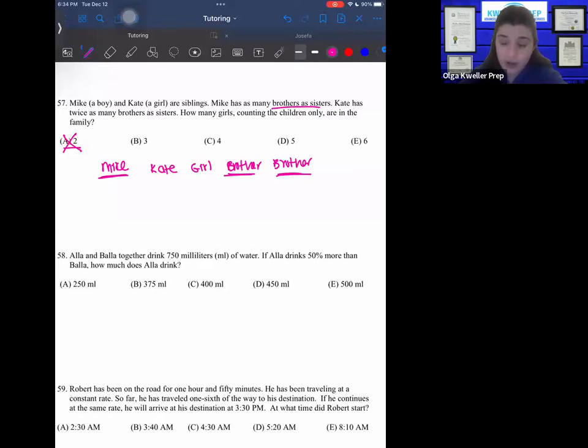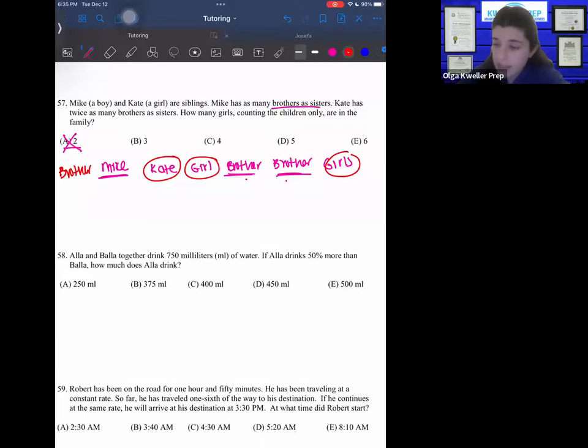Then I'm going to try 3. So let's say we have Kate, a girl, and then we have another girl. Mike has as many brothers as sisters. So Mike would have 3 sisters, which means he needs to have 3 brothers. So we have another brother.